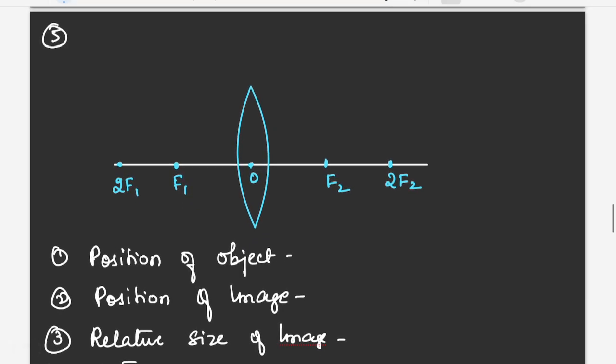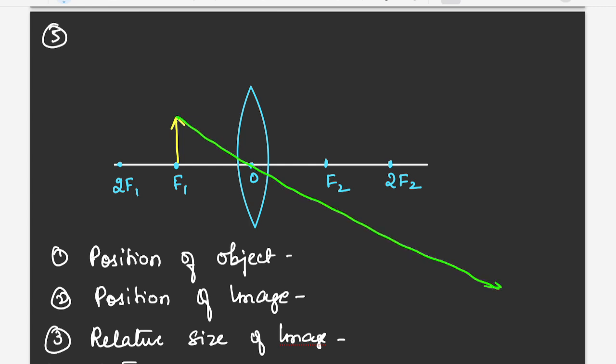So let us go for the fifth ray diagram. Here the object is placed at focus, that is here, F1. Where is the image formed? The image will be formed at infinity. From the trick you know that it will be formed at infinity. Now draw one ray which is passing through the optical center like this.